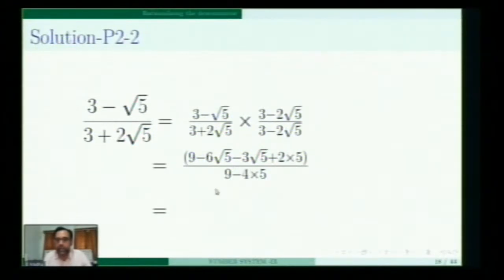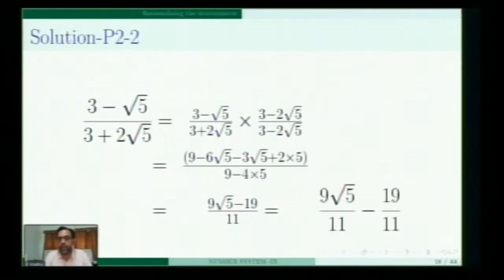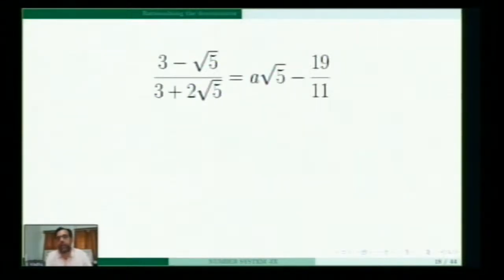By simplifying that, a negative sign will come, and you have to adjust for that. Once you simplify, you will get 9 root 5 minus 19 whole divided by 11. So 3 minus root 5 whole divided by 3 plus 2 root 5 you can write as 9 root 5 by 11 minus 19 divided by 11.